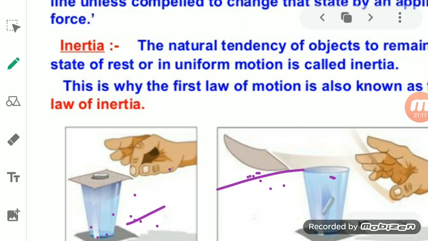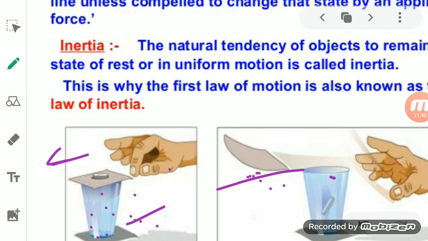due to its inertia. So at first both of them were in a rest position. When you apply an external force on the card, the card moves, it comes in a state of motion, but the coin does not change its state, and it is because of the inertia.